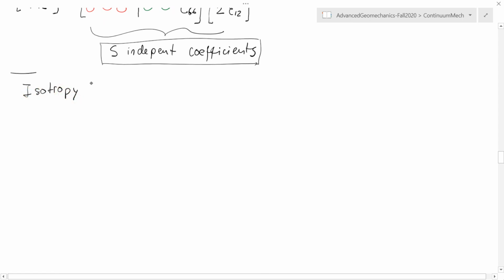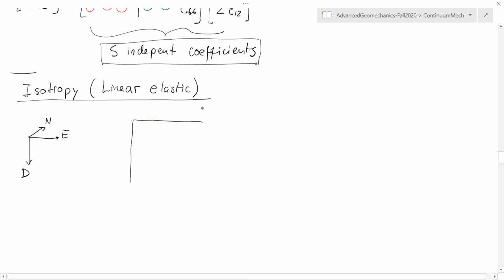And remember that we're talking about linear elasticity, so this is linear elastic isotropy. And when this is the case, it doesn't matter in which direction you apply the stresses, the rock deforms the same.